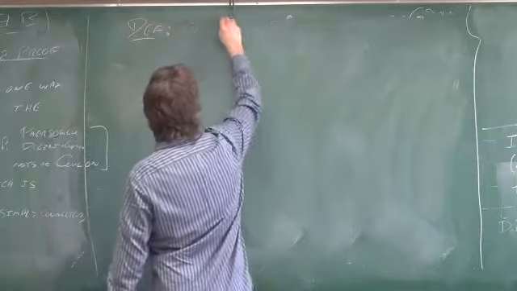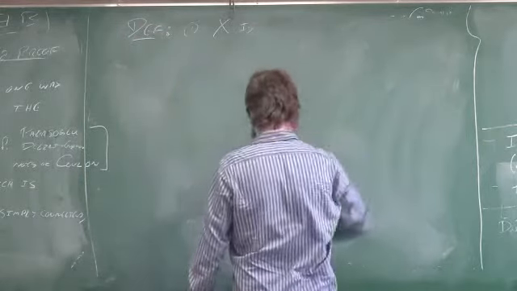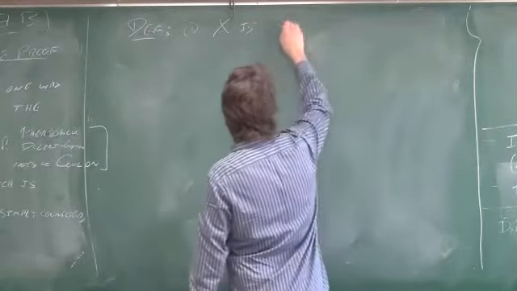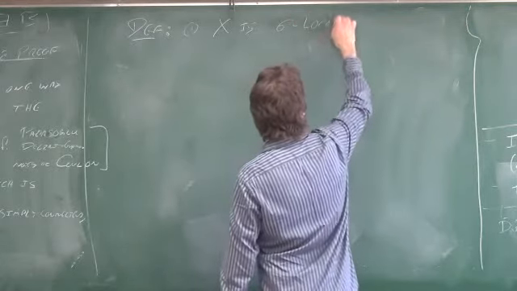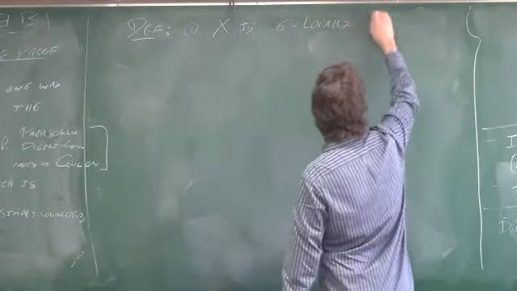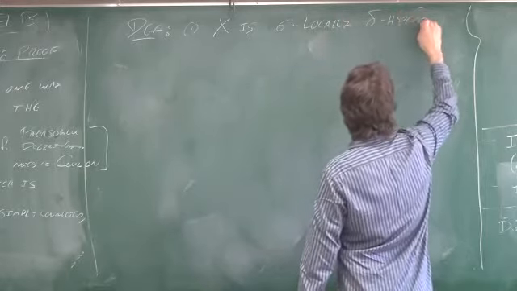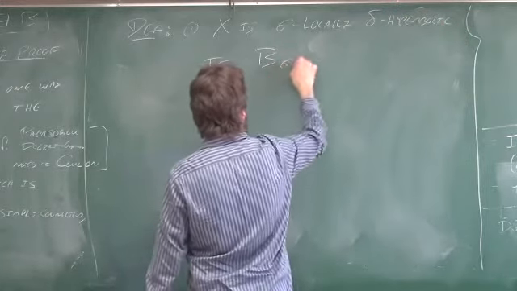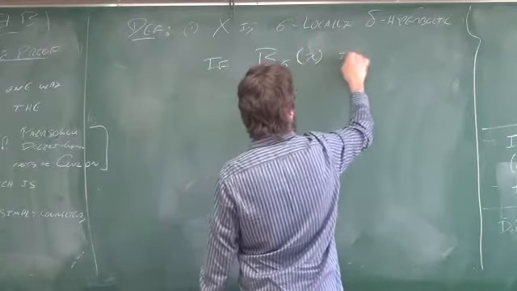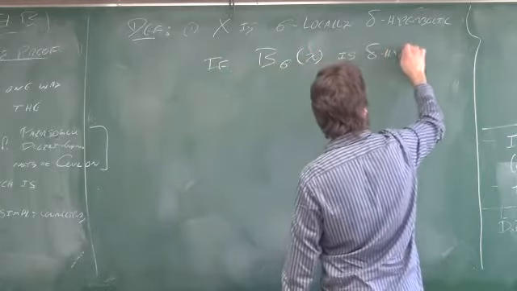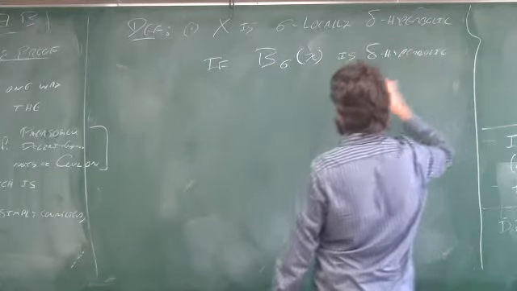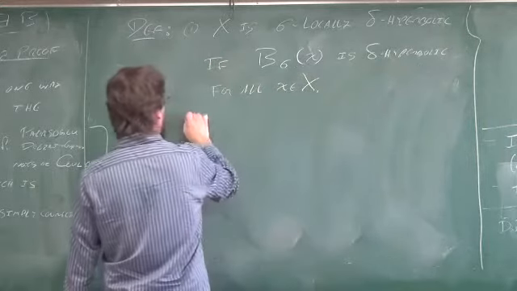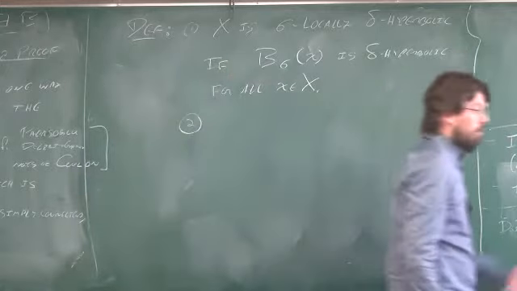So let me give the definitions. So one, X is sigma locally delta hyperbolic if every ball of radius sigma is delta hyperbolic. So if I take the ball of radius sigma around x, this should be delta hyperbolic, for all x in big X. So I'm fixing delta, right?